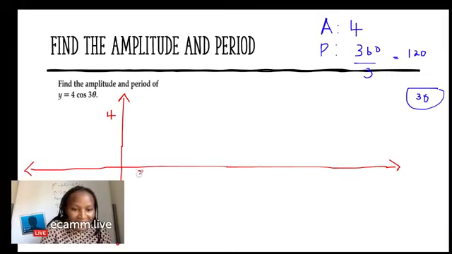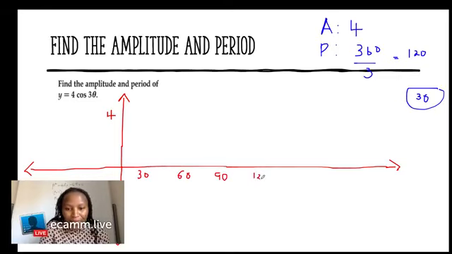So it will be 30, 60, 90, 120, 150, and 150 plus 30 is 180, right? Okay, and then we have negative 30 and negative 16.